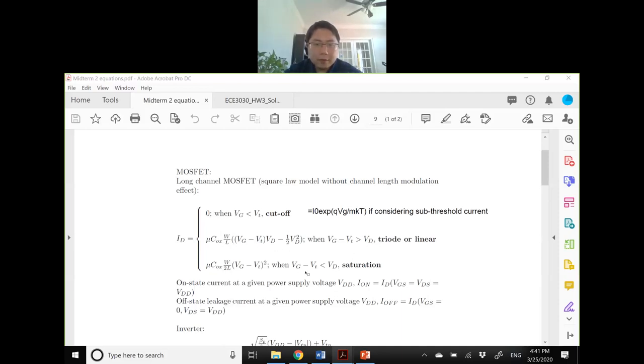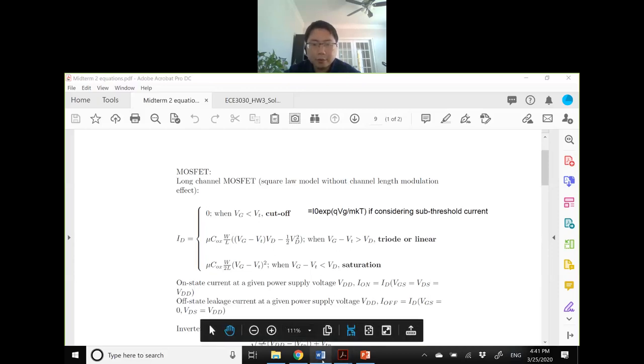And then if the gate voltage minus Vt smaller than Vd, then the transistor is in the saturation. And now the drain current only depends on the Vg minus Vt squared. So this is called the square law. And then this is the saturation region. So you need to use this voltage bias condition to determine those 3 regions.